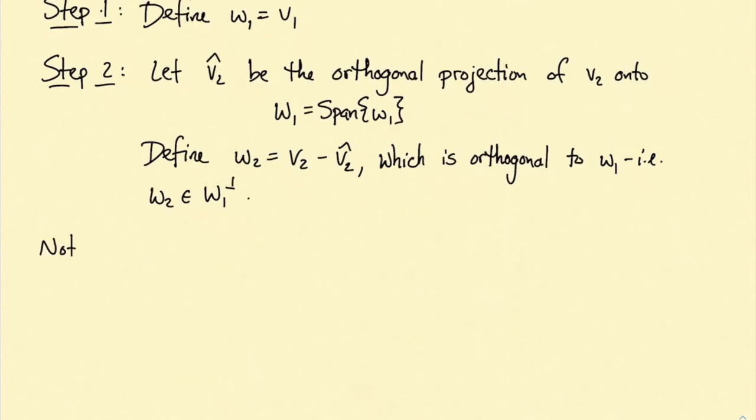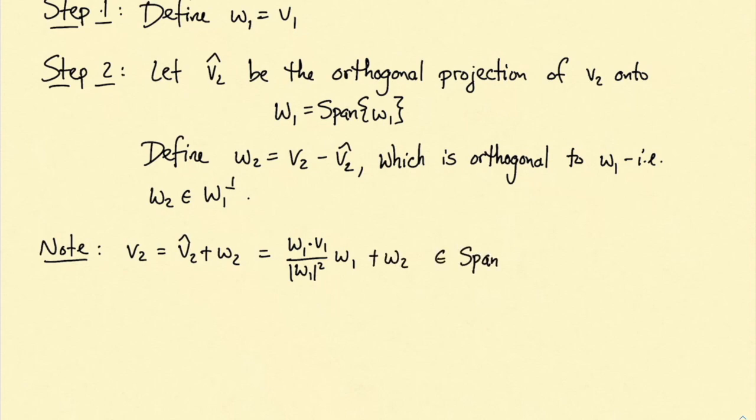We note that V2 is the same as V2 hat plus W2, and we can rewrite the orthogonal projection V2 hat as (W1 dotted with V2 divided by the norm of W1 squared) times W1, plus W2. So the vector V2 is in the span of these two vectors W1 and W2.